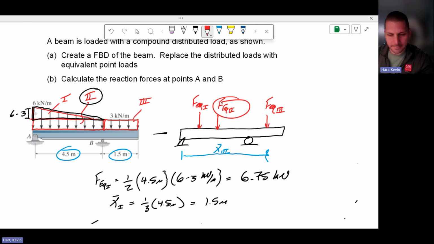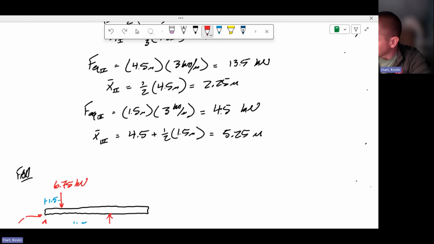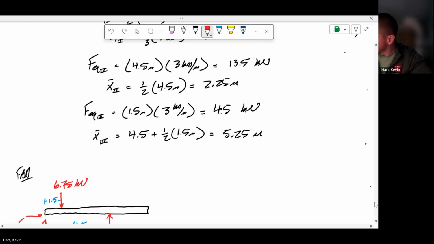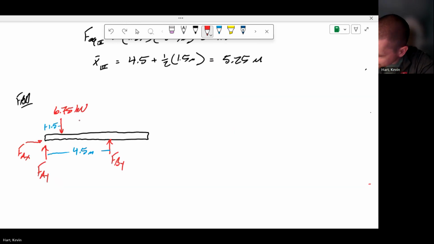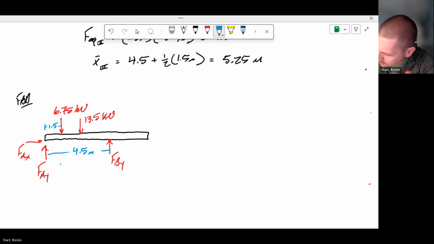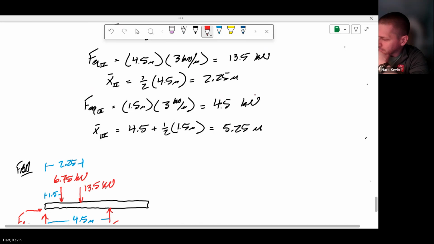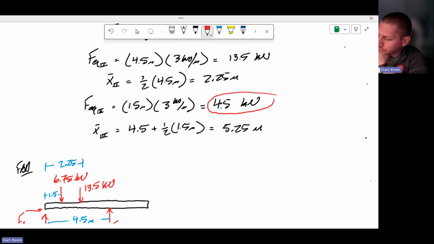So that's this guy here, and that's going to be 13.5 kilonewtons at 2.25 meters from the left. And the last one we have is the far right-hand side. That's another rectangular distribution, 4.5 kilonewtons at 5.25 from the left.